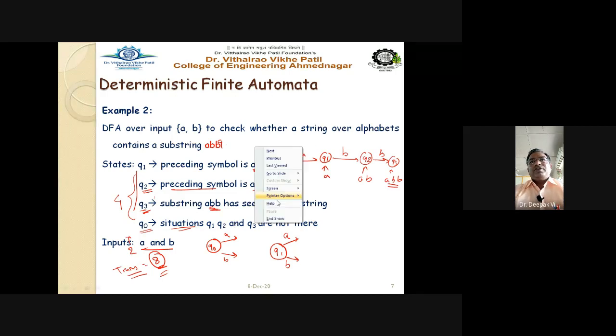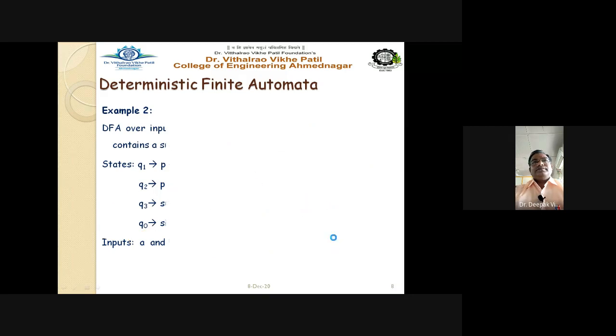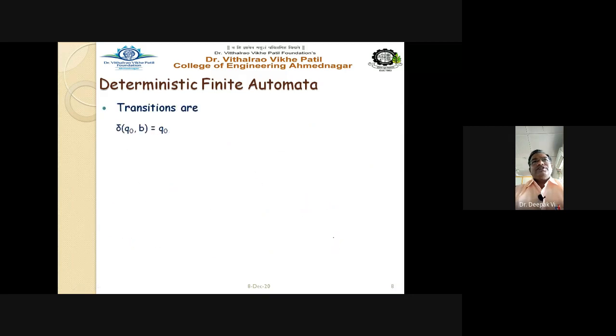So the next step is, see here. The transitions are, see. I have taken Q0, right? So Q0, the first state, on input B it will go to Q0 state, right? And if the input is A, then it will go to Q1 state. Getting my point or not?